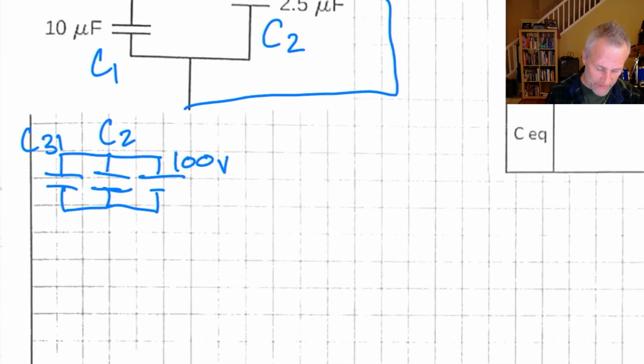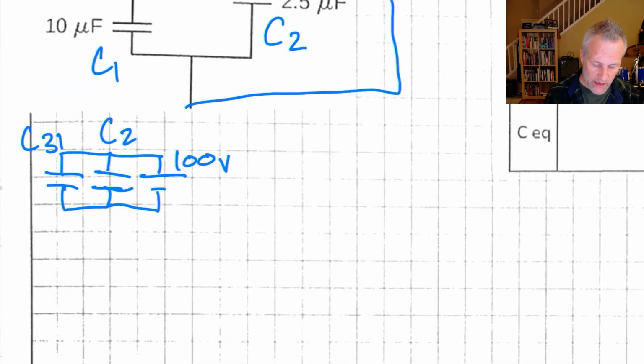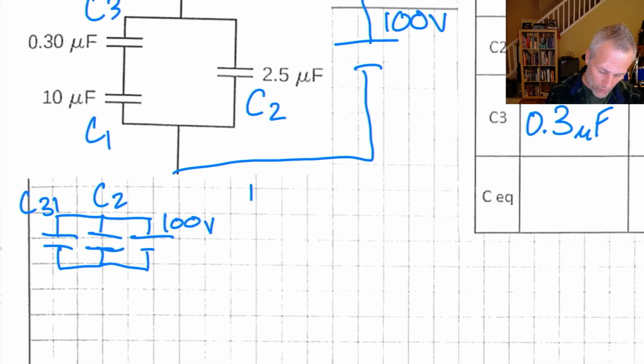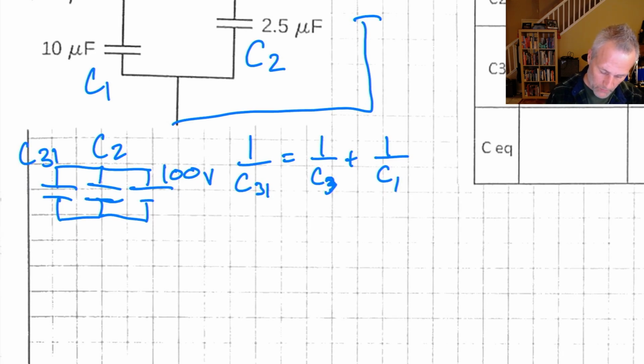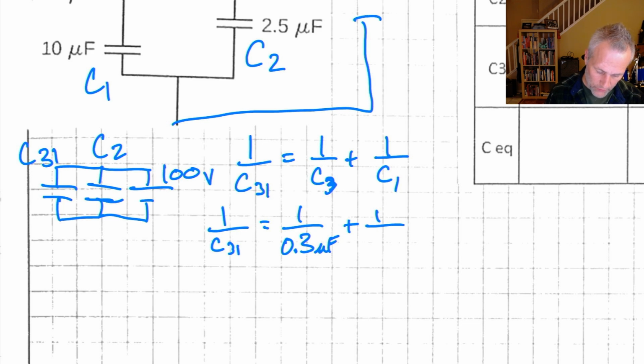And I need to find the value of C31, right? And that's a series arrangement. So I can say 1 over C31 equals 1 over C3 plus 1 over C1. That gives me 1 over C31 equals 1 over 0.3 microfarads plus 1 over 10 microfarads.